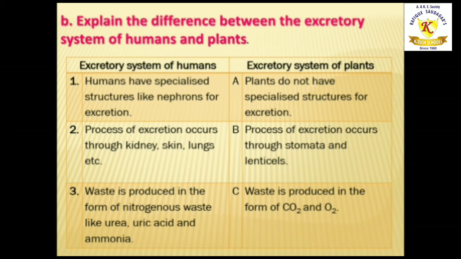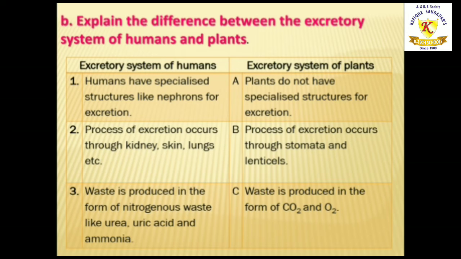B. Explain the difference between excretory system of humans and plants. So the 2 columns, and the first column has excretory system of humans and second column excretory system of plants. So the first point, in humans, humans have specialized structures like nephrons for excretion, whereas plants do not have specialized structures for excretion.